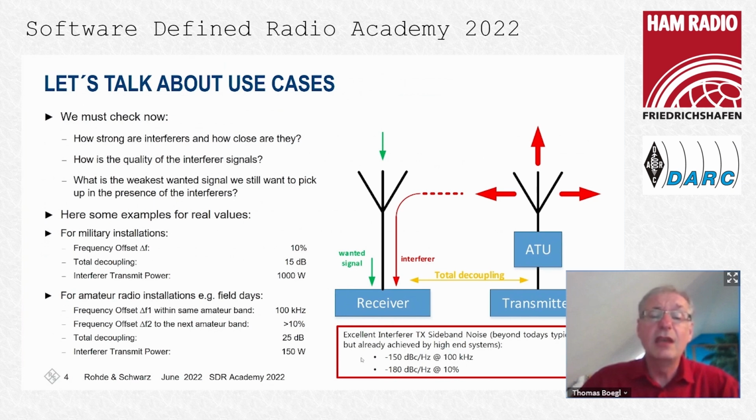So we have to calculate these values, which is roughly minus 150 dBc per hertz at a frequency offset of 100 kilohertz. And far out, we have up to 180 dBc per hertz, which is extremely good, at a frequency offset of 10%. So these values are normally not provided by amateur radio equipment, but in military equipment these values are usual, and the outer value is realized by special co-site filters and a special level plan designed for the transmitter.